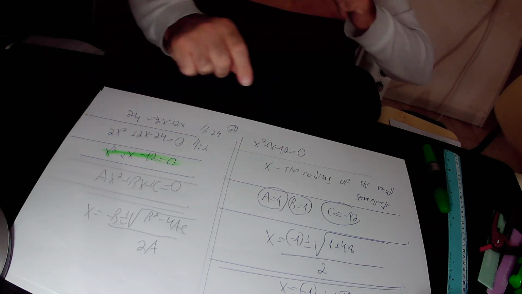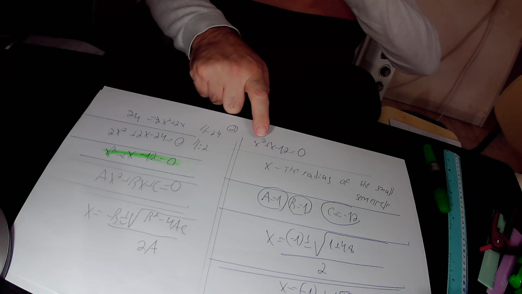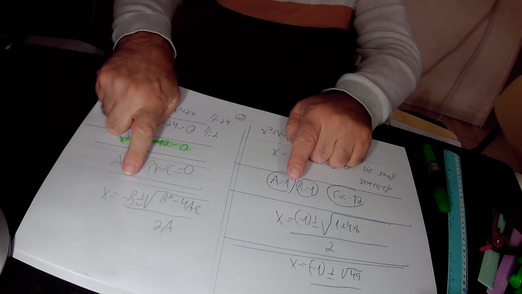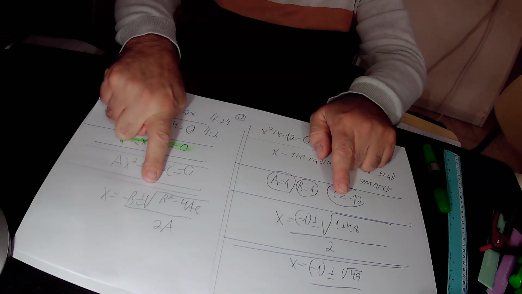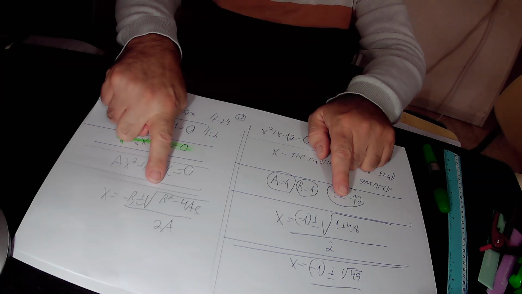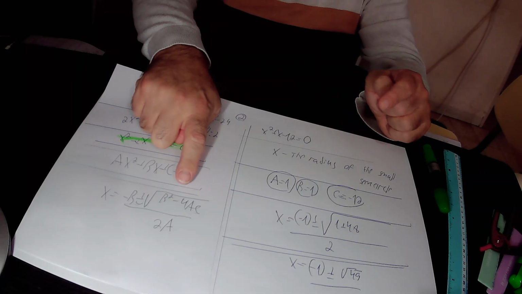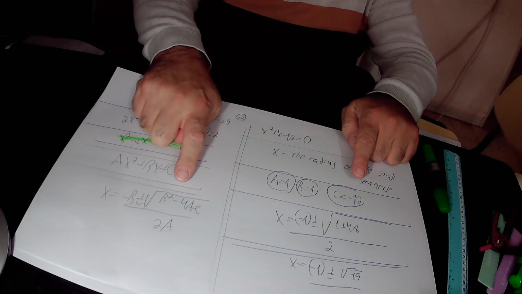In this way, we find the values of x, that is the radius of the small semicircle. We actually did it. We found that x equals minus b. B is 1, so minus b is minus 1, plus or minus the square root of b squared. B is 1, so b squared is 1 squared, that is 1, minus 4 times a times c. So it is minus 4 times a, which is 1, so minus 4 times 1 is minus 4, times c.